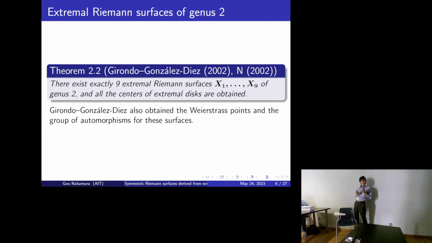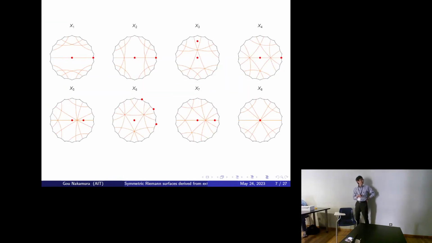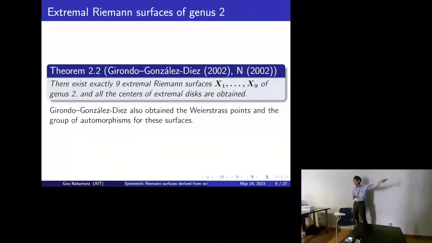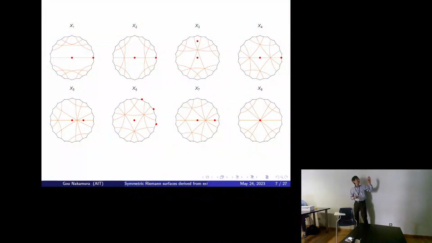And all the centers of extremal disks are obtained. And they also obtained the Weierstrass points and groups of automorphisms for these surfaces. So this picture shows side pattern patterns of extremal surfaces. So in total, there are 9 extremal surfaces, but this picture shows 8 side patterns.